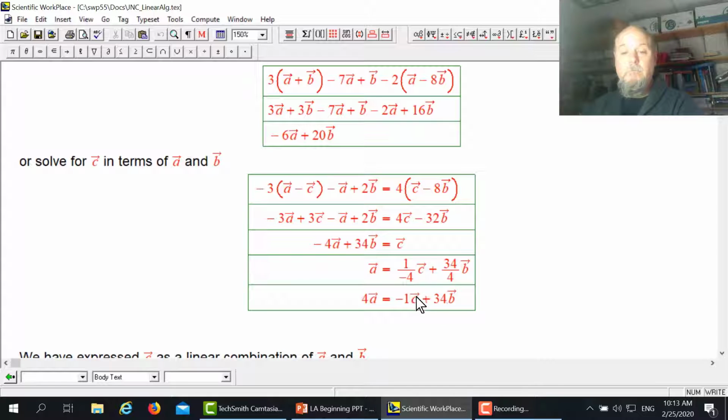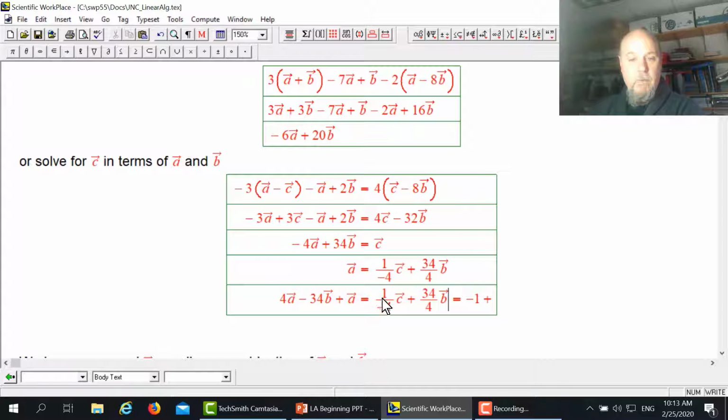Now let's move these pieces, the c and the b, over to the other side. So that'll become minus 34b, and this will become plus c.